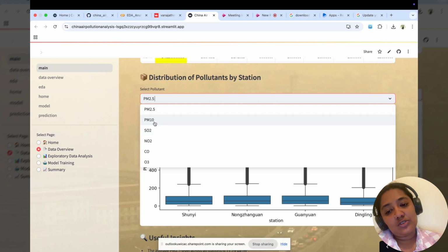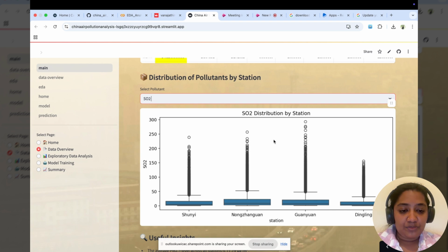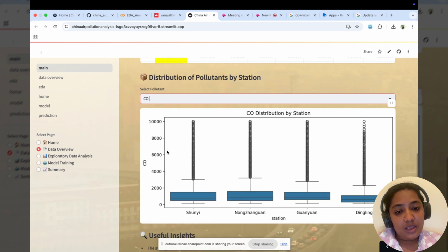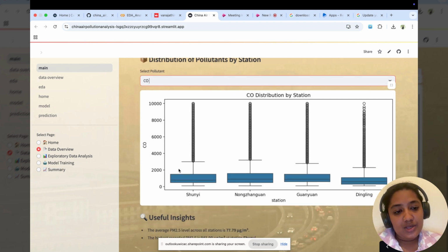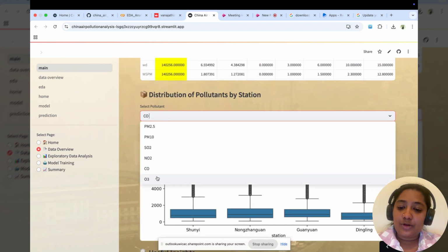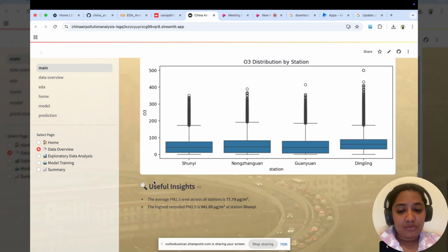Once we change to SO2, the graph will change, we can see that, right? And once we select CO, we can see the graph is changing. According to this, we can get useful insights from these graphs.